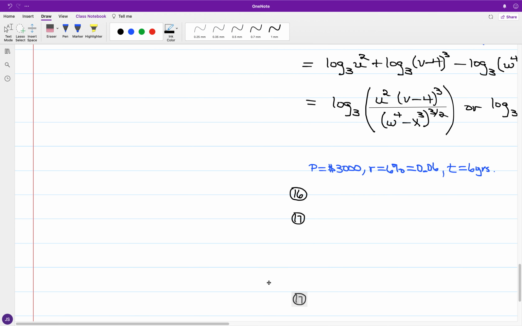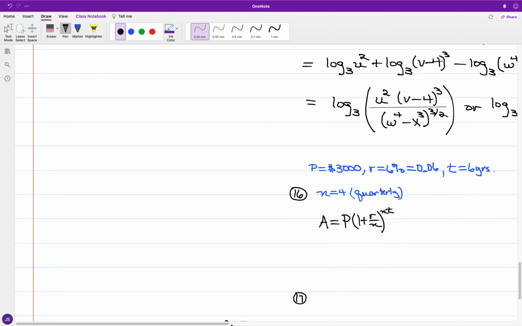For number 16, you can see we have quarterly compounding. For the non-continuous future value formula, we have A is equal to P times the quantity 1 plus r over n, to the n times t power.